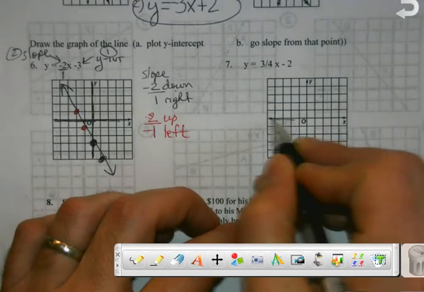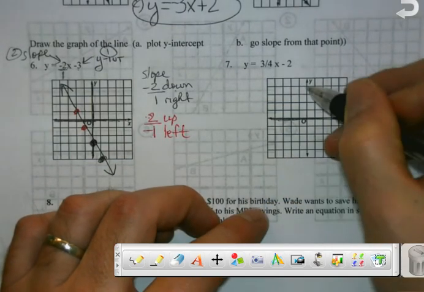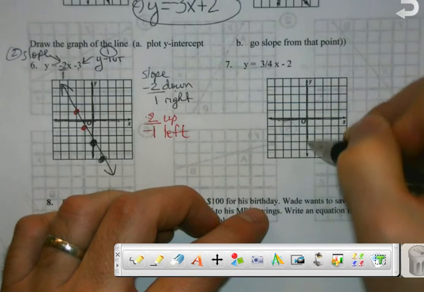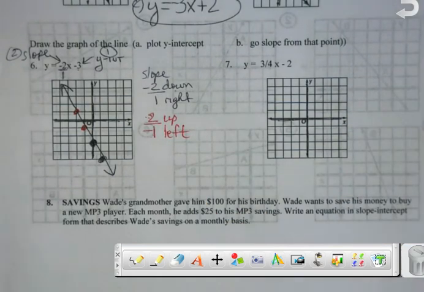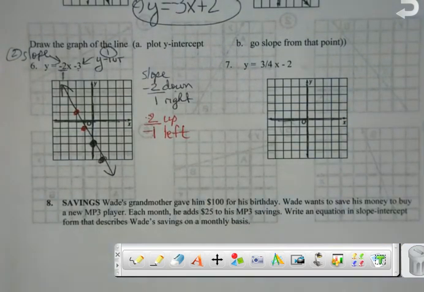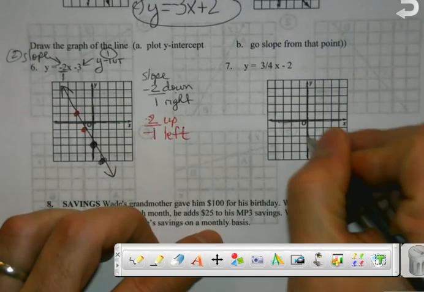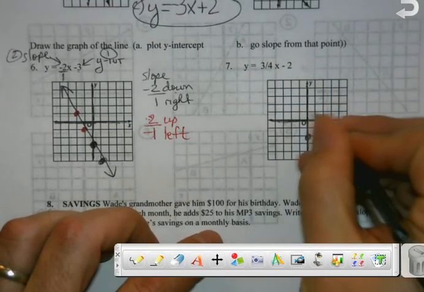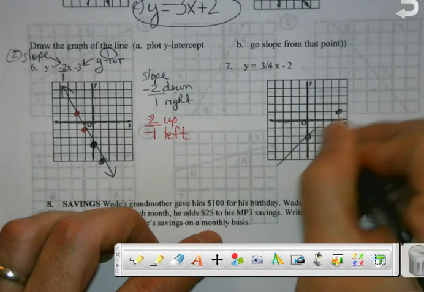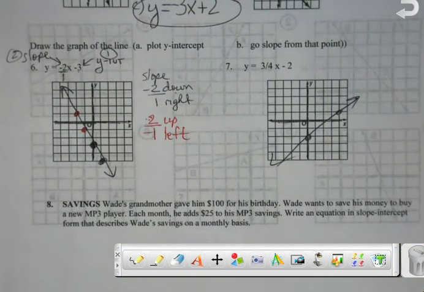So again, if we do that one more time on this next one, here's what I want you to do. Don't say anything. Take a moment. If you haven't done number 7 yet, try it using number 6 as your guide. We'll get the answer up in just a minute, but I want you to take a second and see if you can get that line graphed.